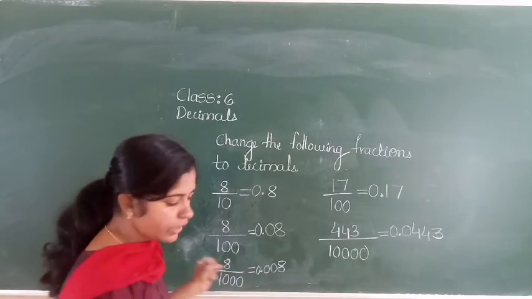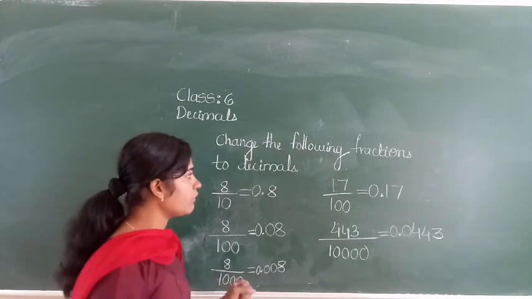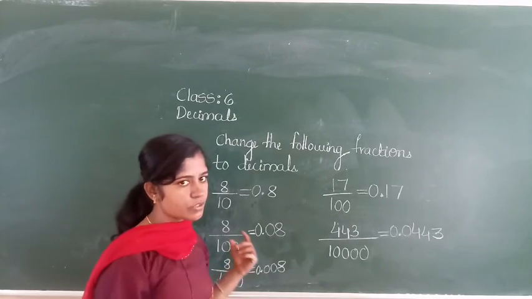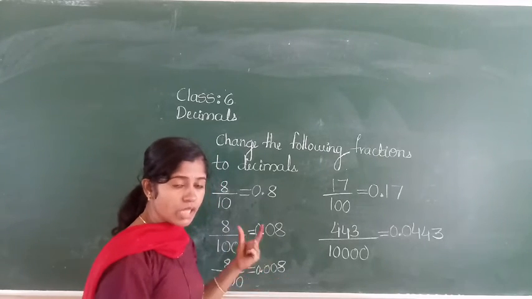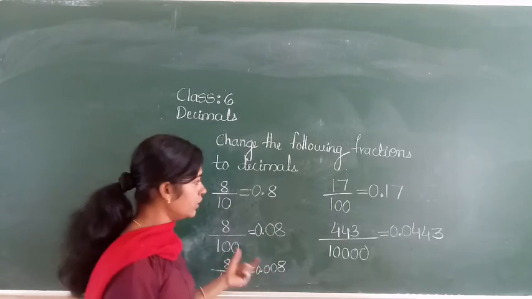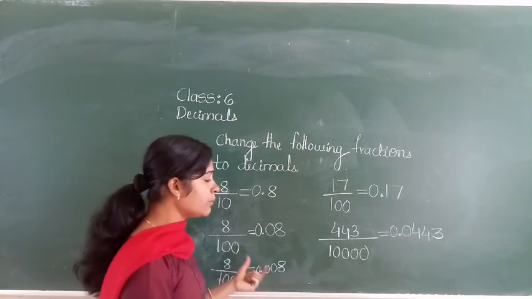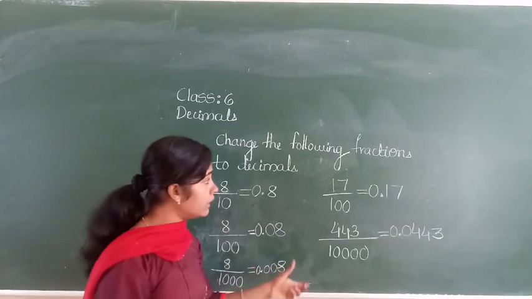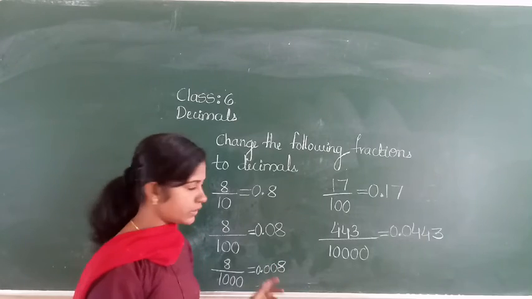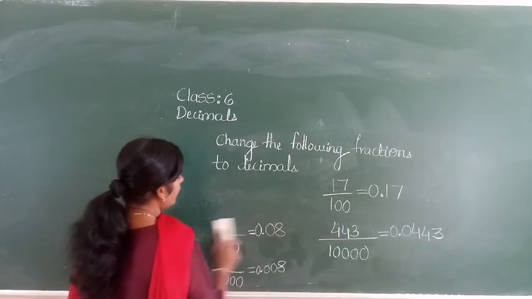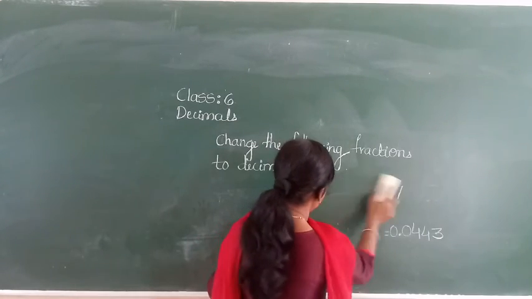I will take a few more examples here. See here, when you are converting fractions to decimals, the denominator should be 10, 100, 1000 or 10,000. Then only you are going to convert that fraction to a decimal, else it will not come. Then that type of example I will take here.